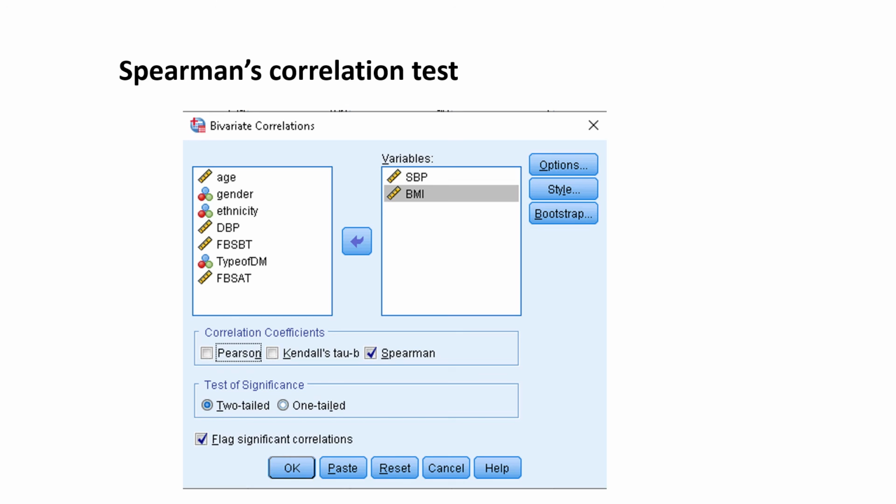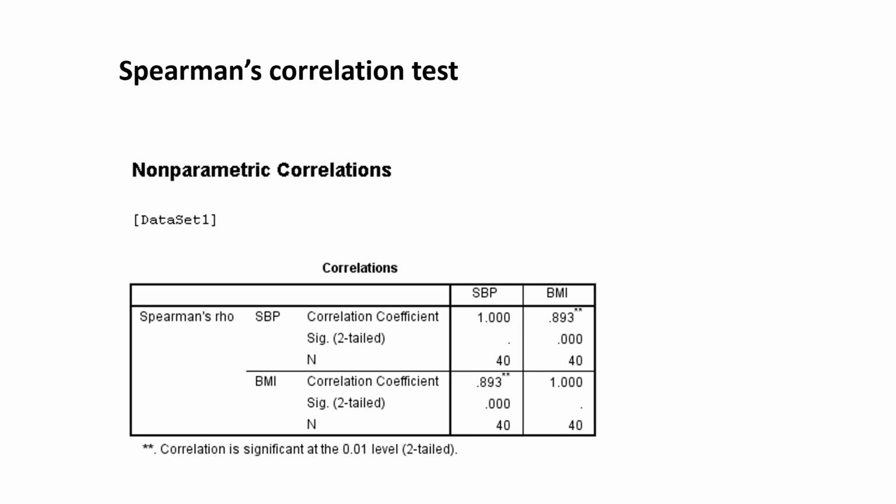Then the computer will give you the non-parametric Spearman correlation coefficient between systolic blood pressure and body mass index, which is 0.893. What does it mean? There is a strong positive correlation.